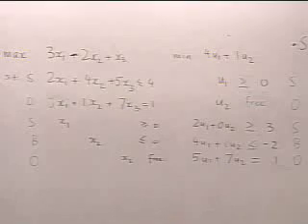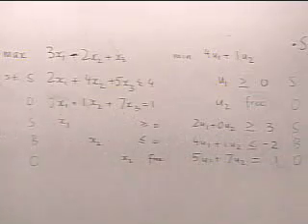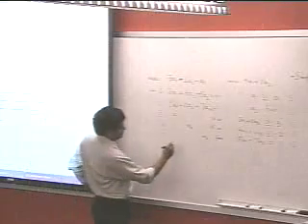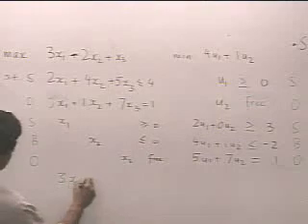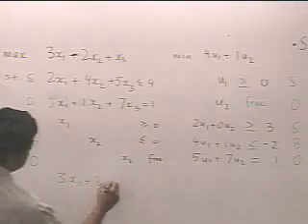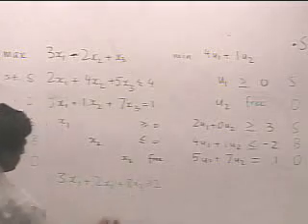All right? Okay, so let's add one more constraint to this just to fix ideas, so that we know what we are doing, and then we'll go on to looking at duality a little bit more. Suppose I add this constraint to this problem: 3x1 plus 2x2 plus 8x3 is greater than or equal to 2.